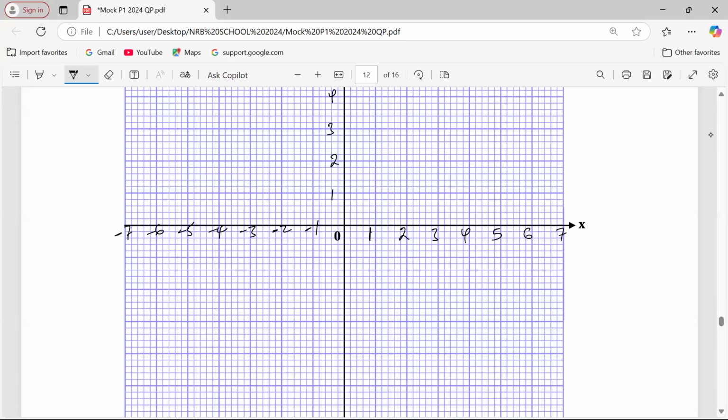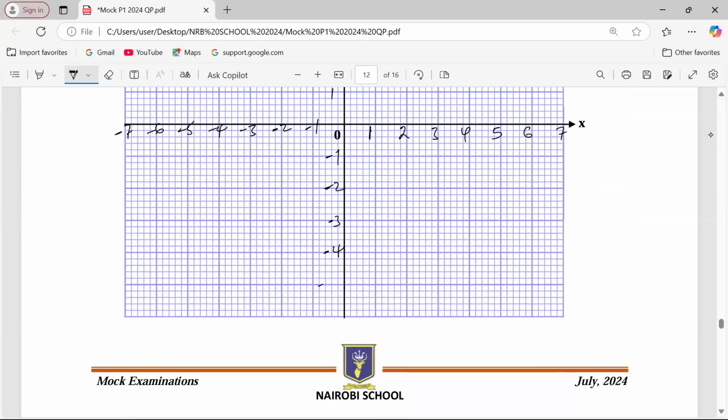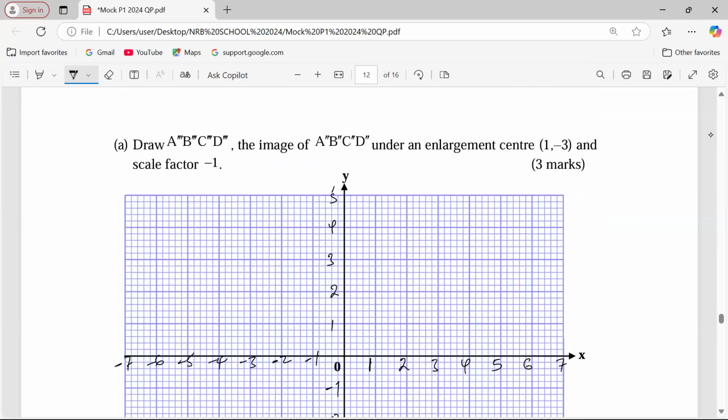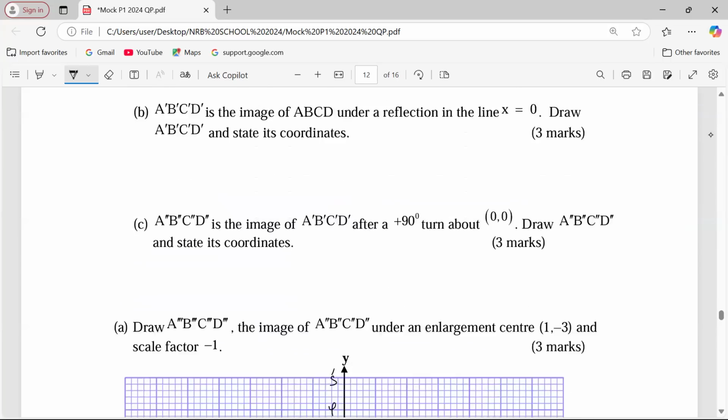Then we are having -1, -2, -3, -4, -5, -6 that way. So point A is 1, 2.